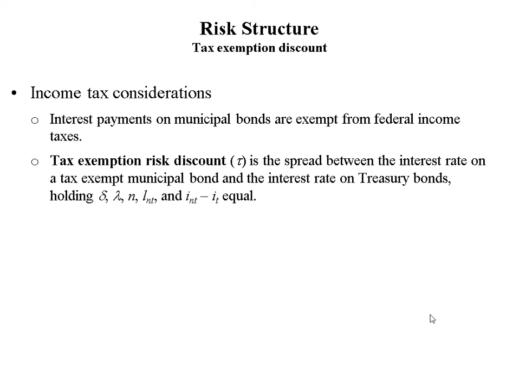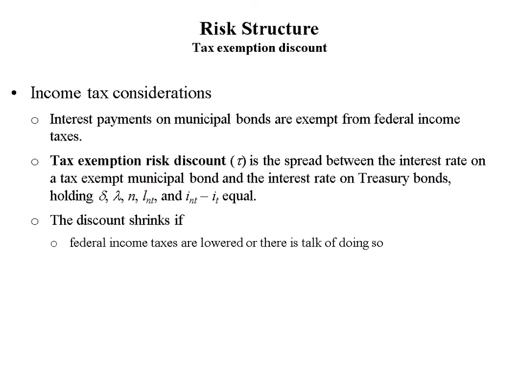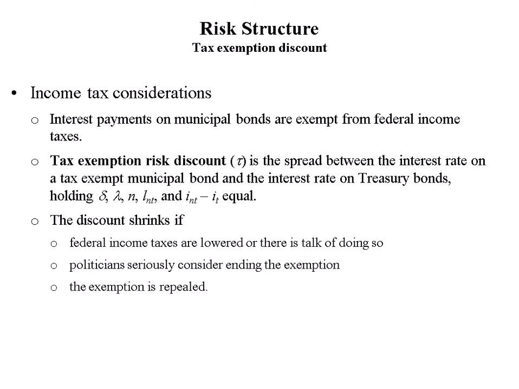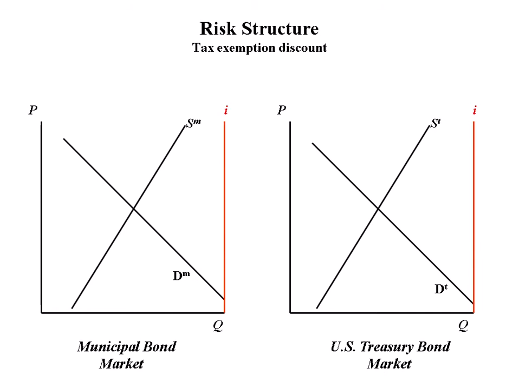Now, what about tax-exempt discount? Municipal bonds issued by cities are tax-free. So for that reason, investors tend to want to hold them because the coupon payments and the future payments are tax-free.